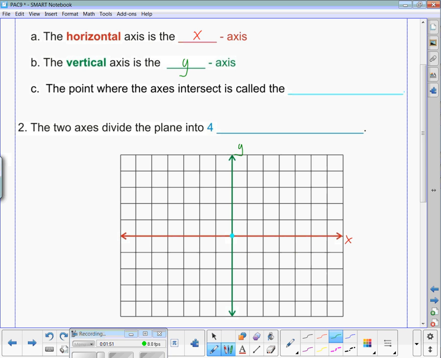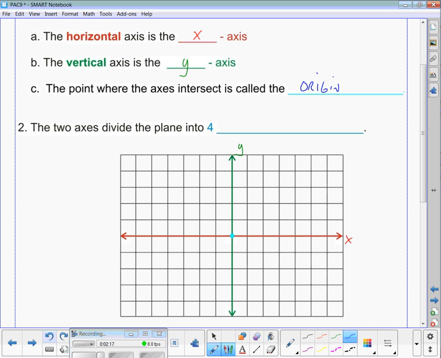Go ahead and label your y-axis on your Cartesian plane right here. Those two axes intersect at a point, and I have it in blue. That point where the axes intersect is called the origin. We'll talk a little bit more about the origin in just a bit.